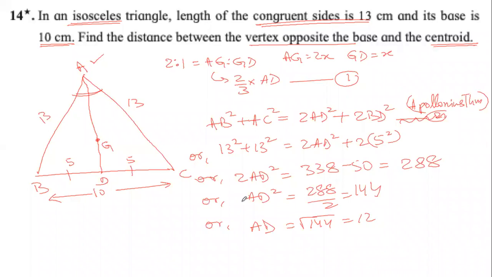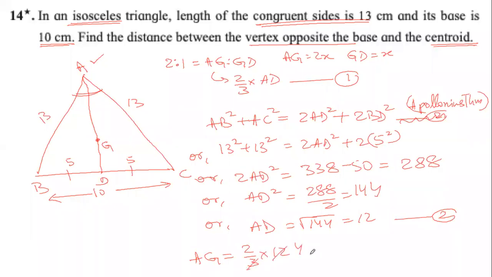Of course, if you are solving all the questions, these numbers will seem repeated. Yes, we have solved this set of numbers many times. Now we have found AD. All we have to do is put this value of AD in equation 1, and then we will find AG equals 2 by 3 of 12.